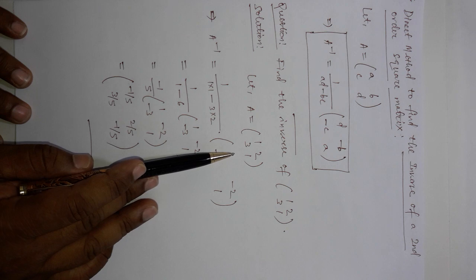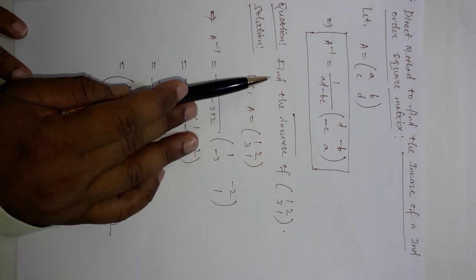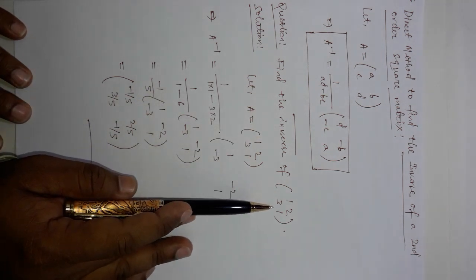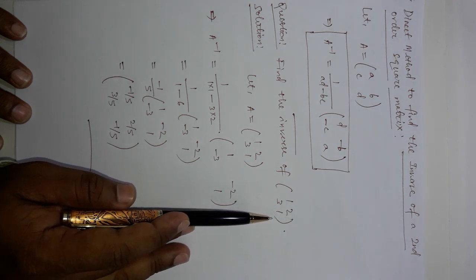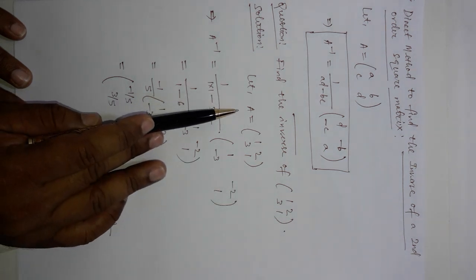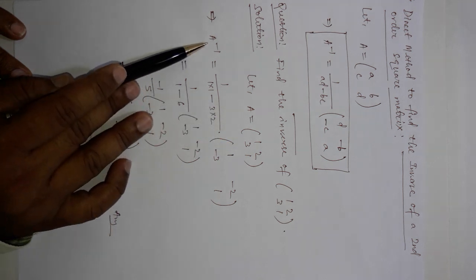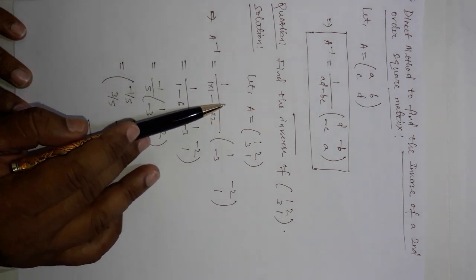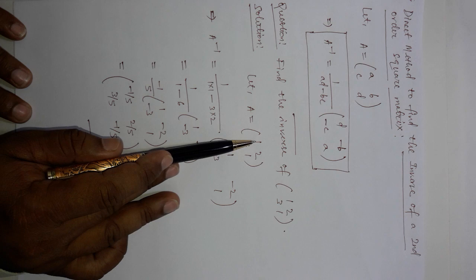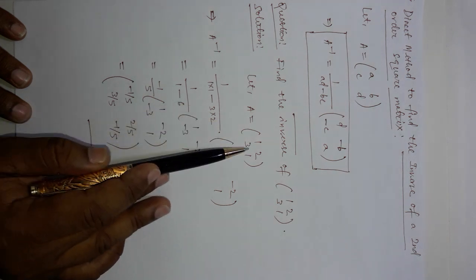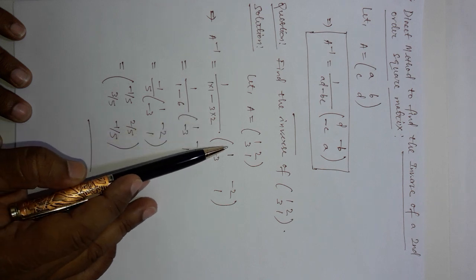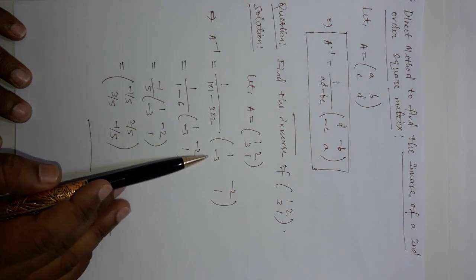Let us find out through one example here. Find the inverse of this second order square matrix where the elements are 1, 2, 3, 1 row wise. First of all, let us name this matrix as A. Here A inverse is equal to 1 by 1 into 1 minus 3 into 2, multiplied with the matrix.